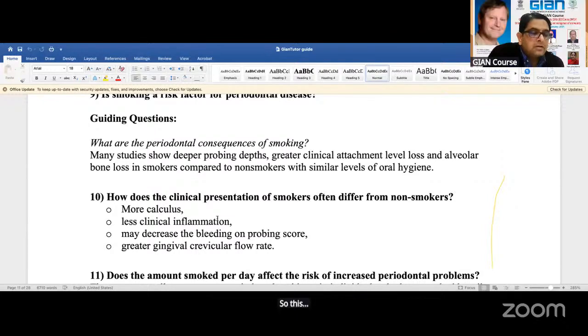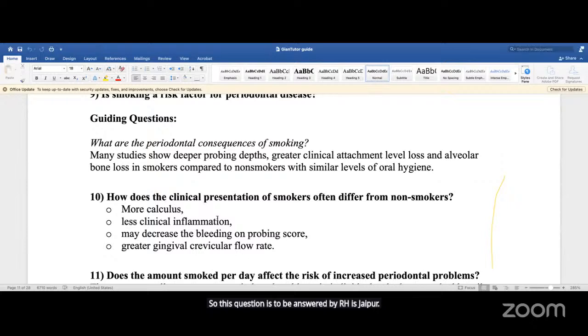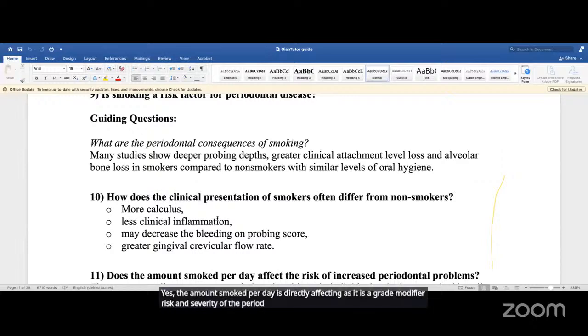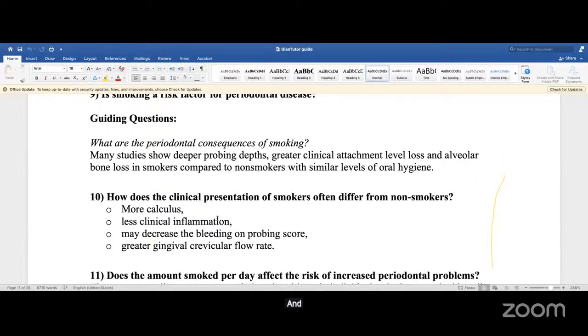So this question is to be answered by RHS Jaipur. Jaipur group, please answer it. Yes, the amount smoked per day directly affects the risk and severity of periodontal disease, as it is a grade modifier. There is a dose-dependent relationship between smoking and periodontal problems.